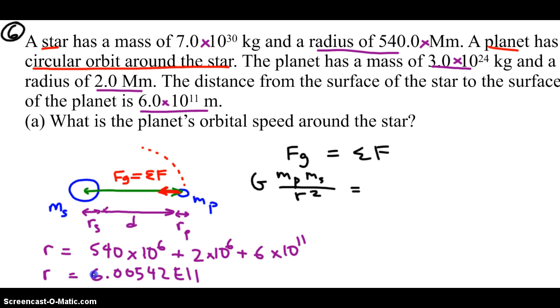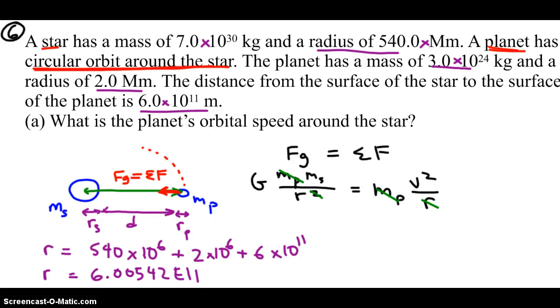What's moving in the circle? What do I plug in on the right? Which mass do I use in the circular motion centripetal net force equation? The thing moving in a circle is the planet. So you use its mass. The planet is what has circular orbit. So that's m planet. The mass of the planet cancels.